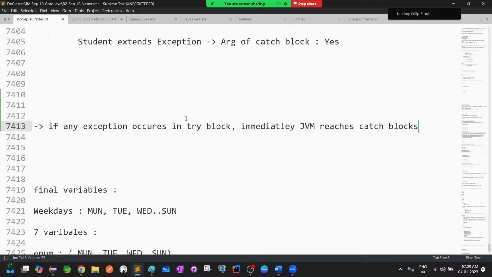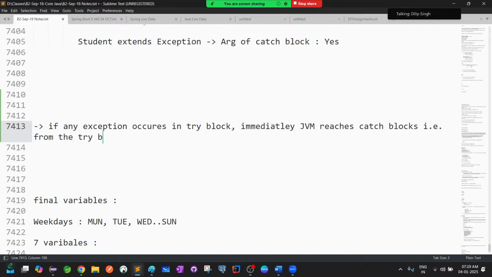Simply, if any exception occurs in the try block, JVM immediately reaches the catch blocks. That means from the try block, the rest of the logic is not executed. The moment it gets an exception, it immediately moves to the catch block section. So the rest of the logic is not executed by the JVM.